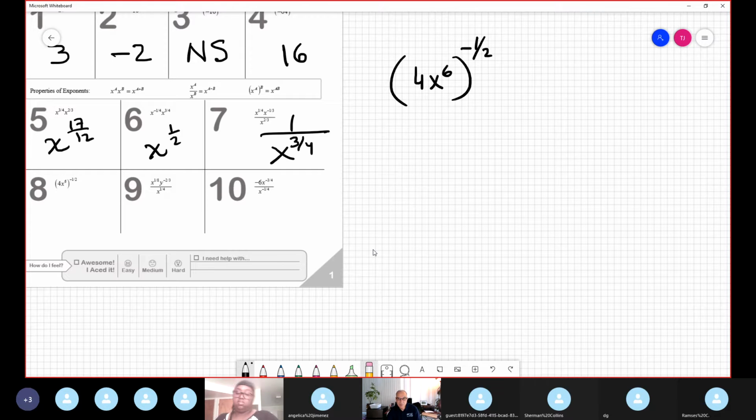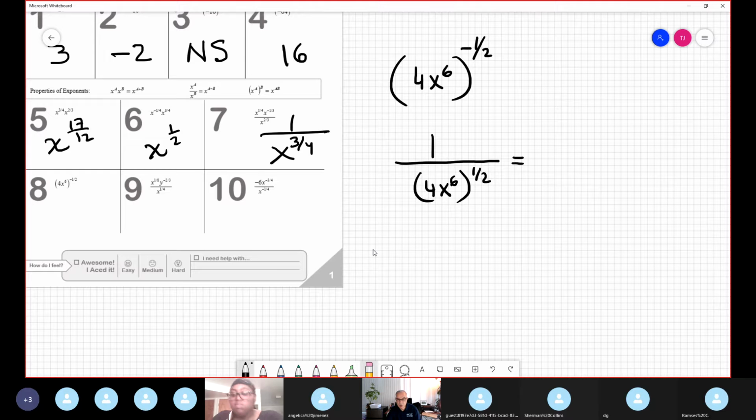How? Flip it. Reciprocal. 1 over 4x to the 6th power, raised to the 1/2 positive. So you convert the negative exponent to positive by switching to the bottom, and now automatically it is positive.